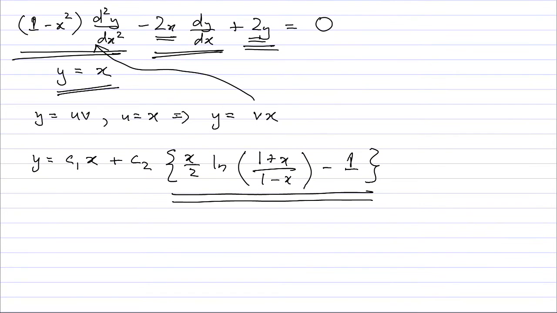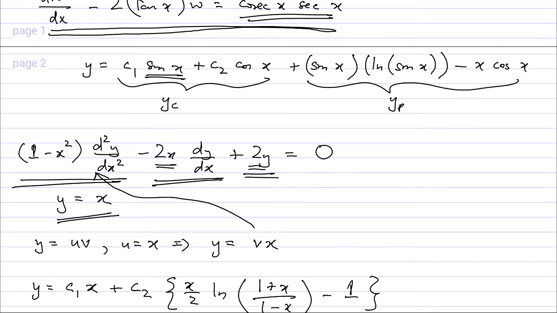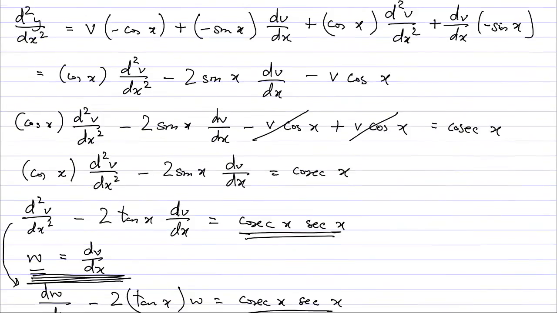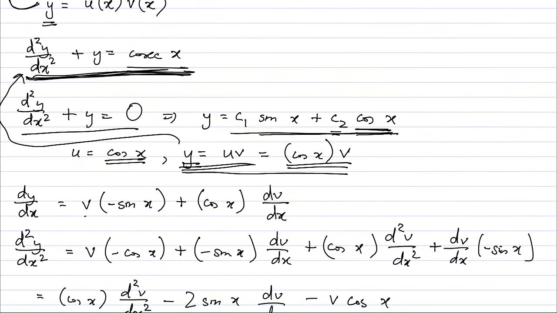Now there's another method to find the particular integral. Remember, the method we have just discussed allows you to find the full complementary function as well as a particular integral, provided that you know only part of the complementary function. The second method works in the case where you can very easily find the full complementary function, which was the case for this equation.